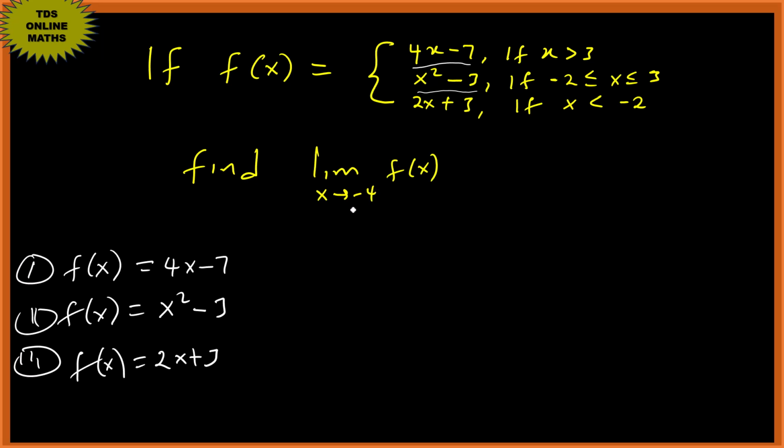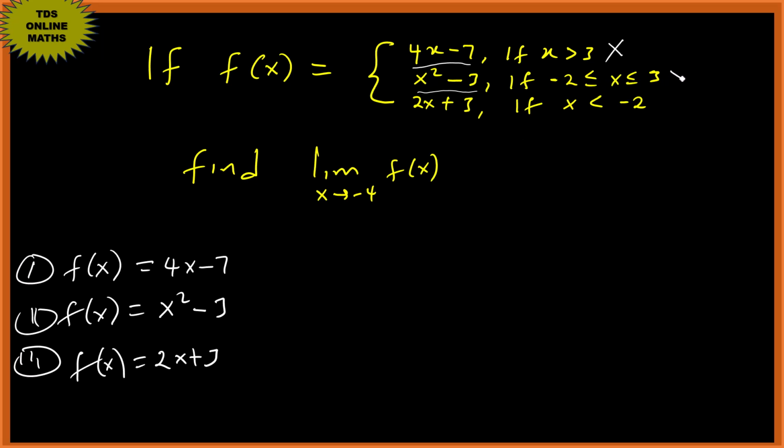So where can negative 4 fall? Okay, so looking at the first one, x is greater than 3. So negative 4 doesn't fall here. And the second one too, x lies between negative 2 and 3.